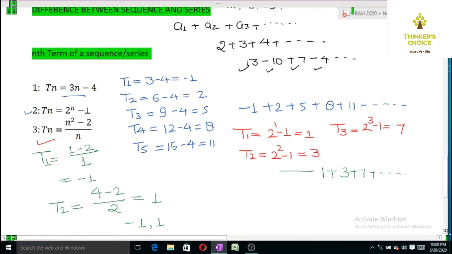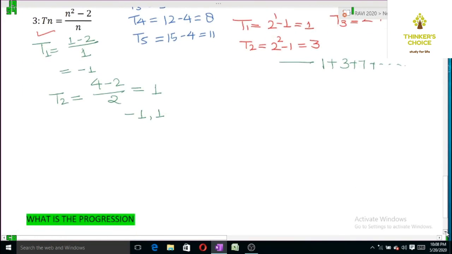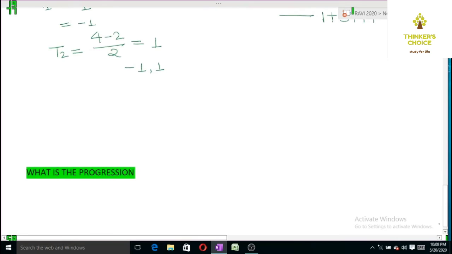Now, what is the basic meaning of progression and what is the difference between these three terms: sequence, series and progression? Up to now we have understood that a sequence is simply an arrangement of terms written separated by commas. A series is when you have a sequence and apply plus or minus signs between its terms.